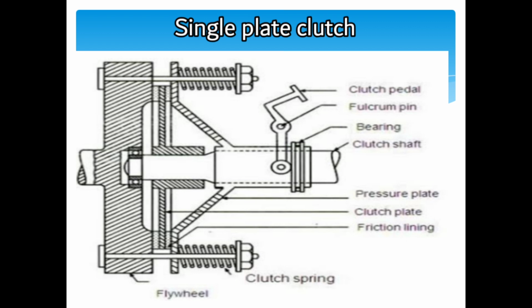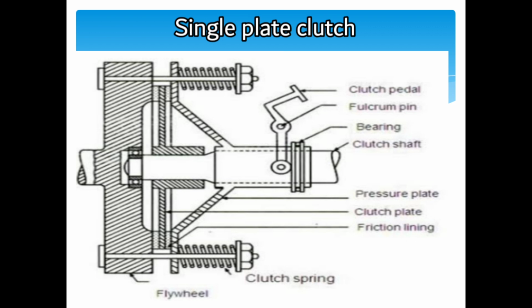It has only one clutch plate, which is mounted on the spline of the clutch shaft, and a flywheel is mounted on the crankshaft of the engine, and a pressure plate is connected to the flywheel by bolts and clutch spring.